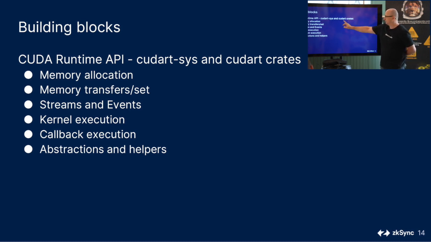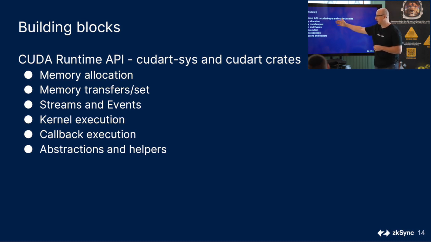This is kind of, I named it cudart-sys and cudart, simply because that's the name of the CUDA runtime API. cudart-sys is basically just a bindings library. There is not much there, just to produce the bindings, and cudart builds on top of that. It's a few abstractions, basically some nice wrappers and so on.